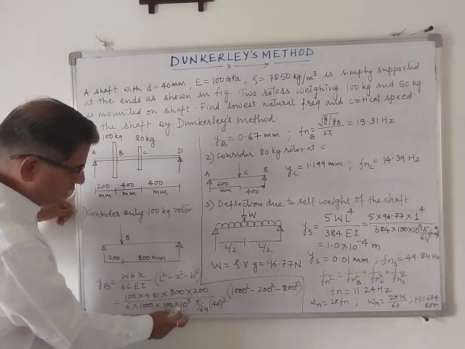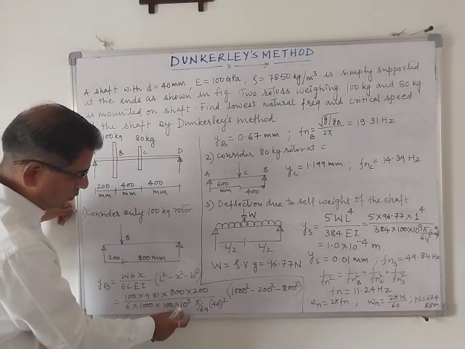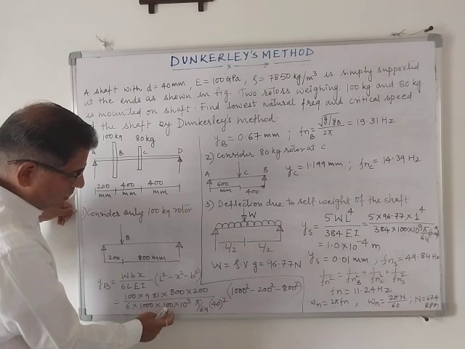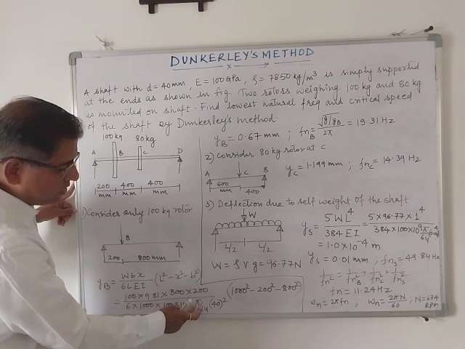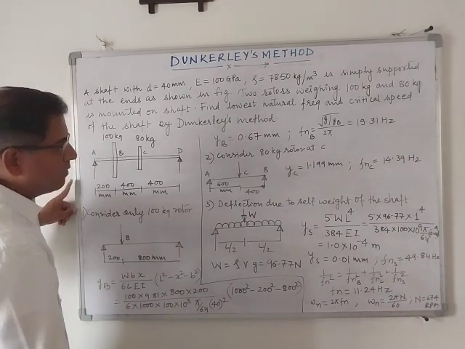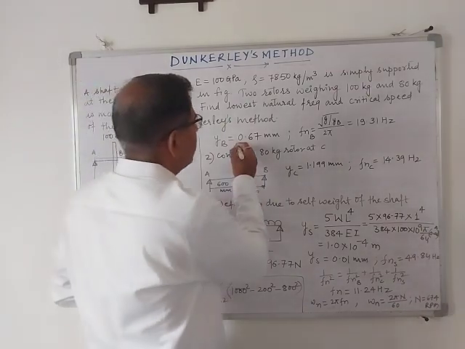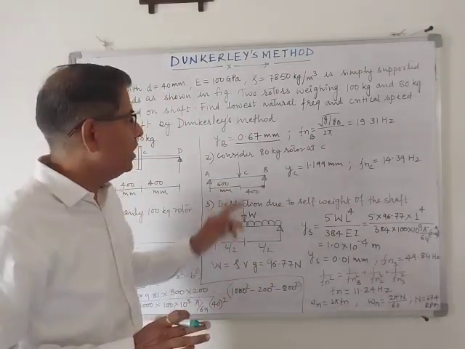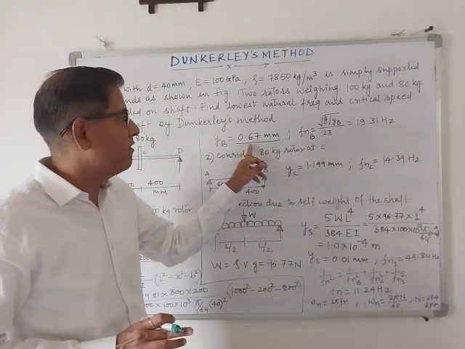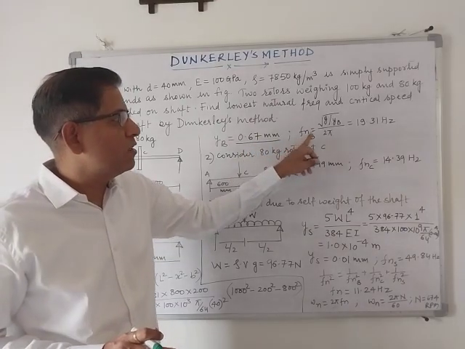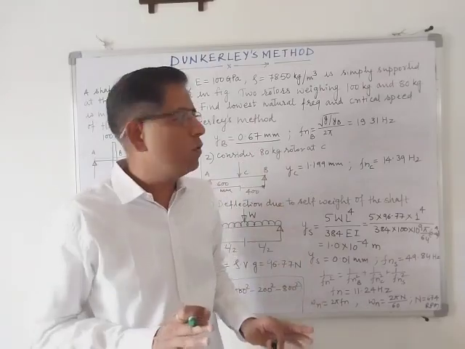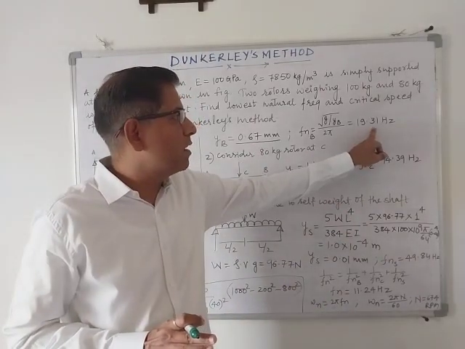The modulus of elasticity is 100 into 10 to the power 3, and this is the moment of inertia of the shaft. So here we obtained the deflection due to the 100 kg rotor only as 0.67 mm, and from this we can find the natural frequency because of the 100 kg rotor only, and it comes out to be 19.31 Hertz.